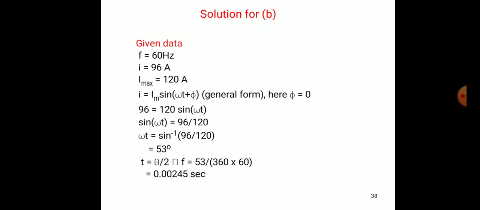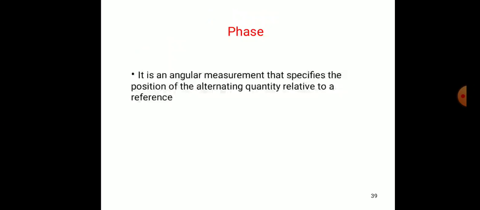So like this we need to calculate the values of the equation, instantaneous values, amplitude and the frequency, and the time period, form factor, peak factor. Not only these, the alternating quantity can have a phase also. The next topic is phase. What is the phase?